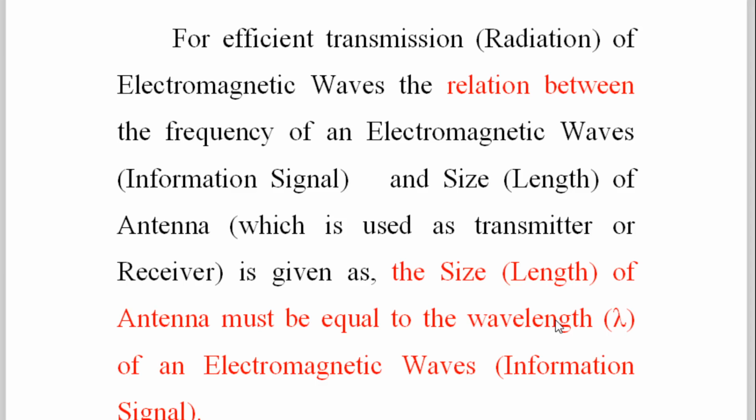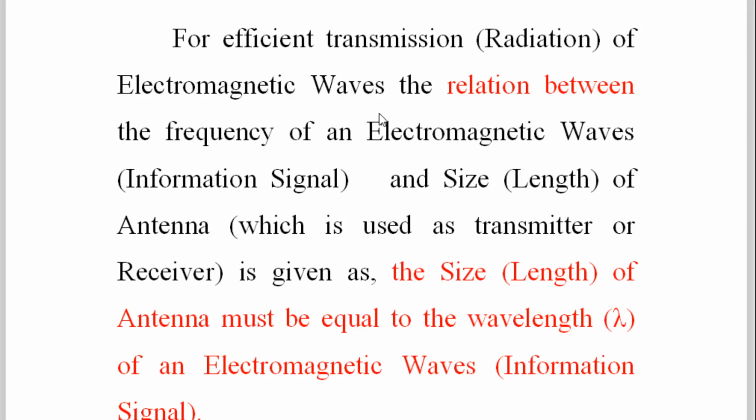So what is that relation? The relation is like that: for efficient transmission, this is important, the size of the antenna must be equal to the wavelength of that electromagnetic wave. And this is a problem. So we'll try to understand that now.